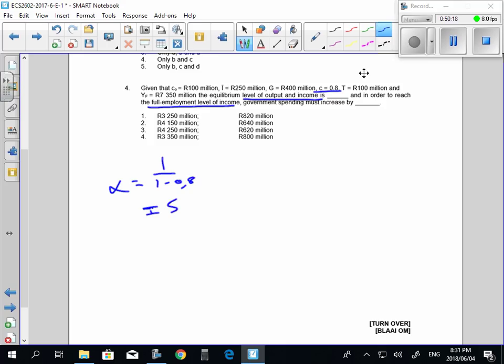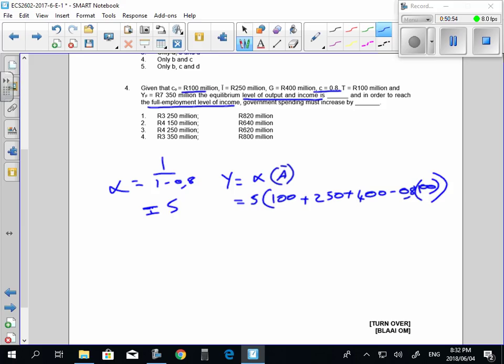Right? To calculate your equilibrium level of income, multiplier times your autonomous variables. So, autonomous consumption is 100, plus investment 250, plus government expenditure 400, minus your taxation, but again, you need to multiply it by your MPC.